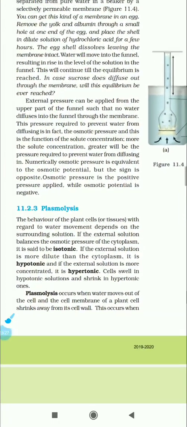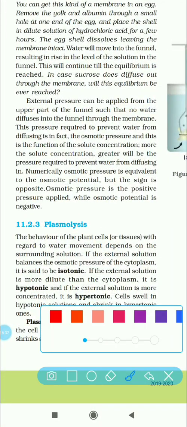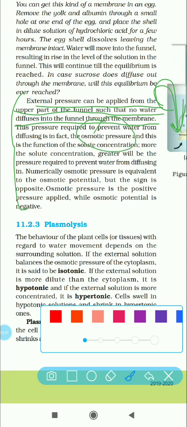I'm zooming in a bit so that you can easily go through it. Basically, whatever external pressure you apply from the upper part to stop the water from moving, this pressure that stops the diffusion of water from outside to inside is termed the osmotic pressure.